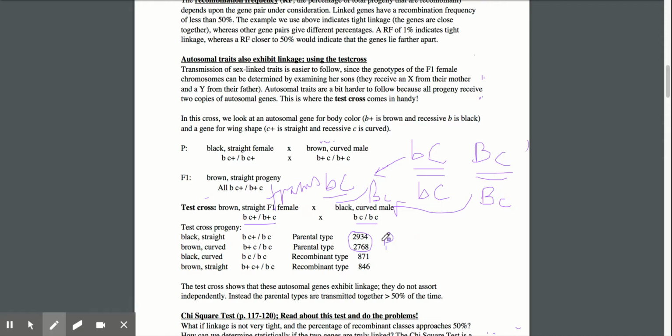There's the trans combinations, they're the parentals. So even if I didn't get all of this information, I could tell that the dihybrid was in trans simply because these are the big numbers. So the parentals are in trans in this cross.